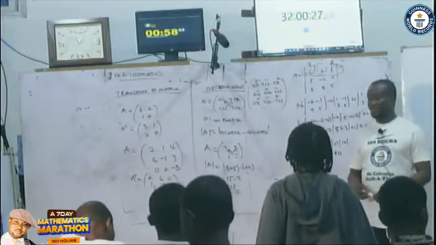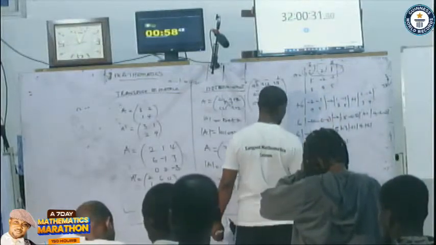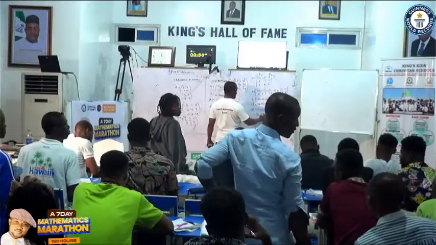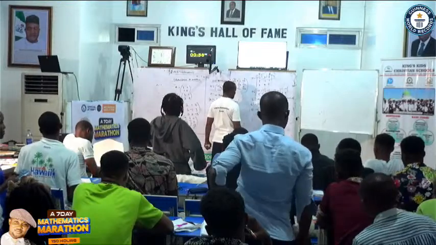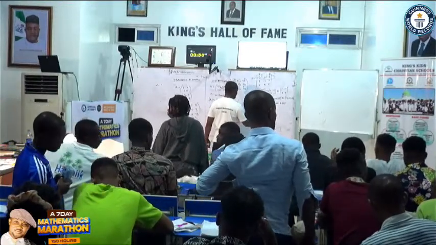So from that level we see you're going to get minus 36 minus 16 plus 10 is minus 6. Then minus 36 minus 6 is what? Minus 42.